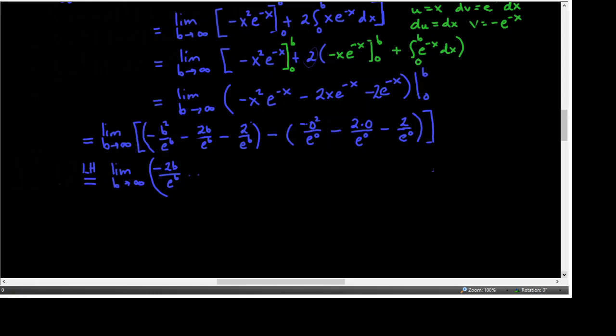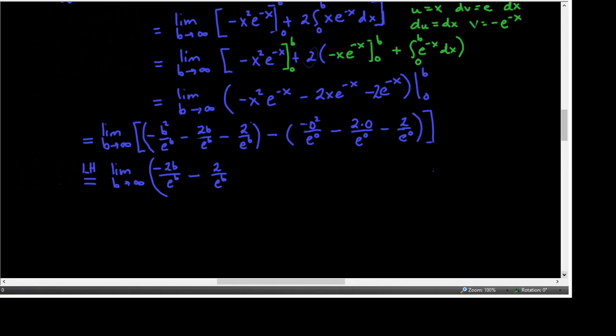Then 2b over e to the b will also be infinity over infinity, so I'm using L'Hopital's rule for it as well. The derivative of 2b is 2. The derivative of e to the b is e to the b. Notice what we're doing here is treating b as if it were variable x, because we're used to f of x over g of x, but nevertheless.